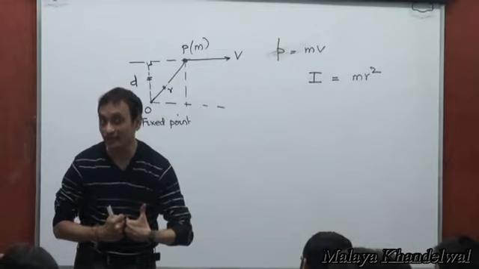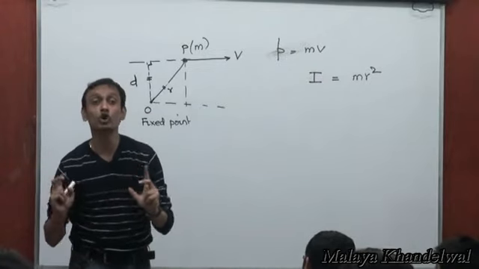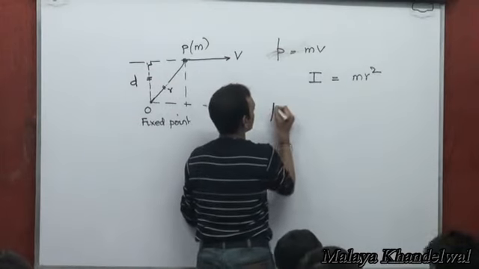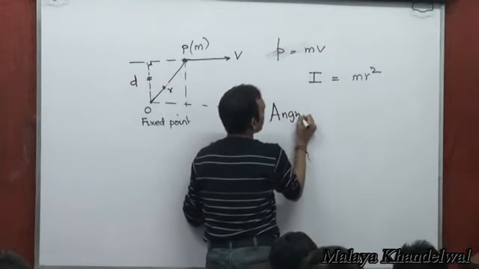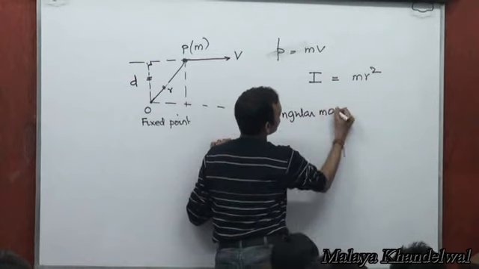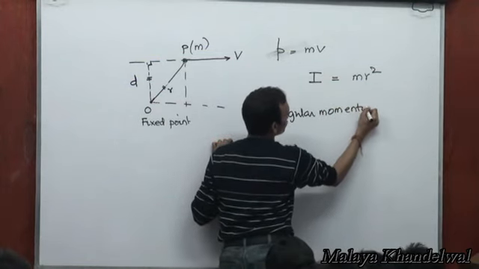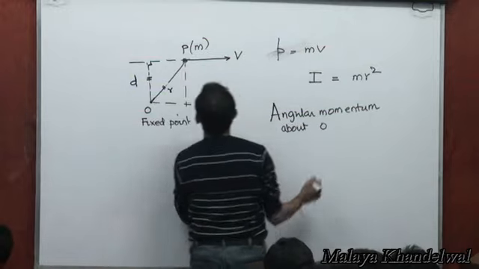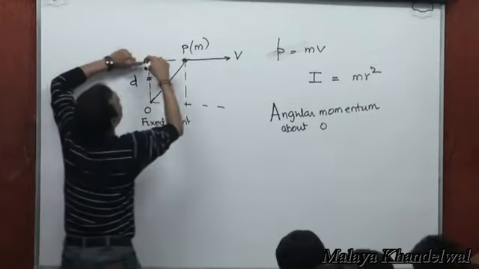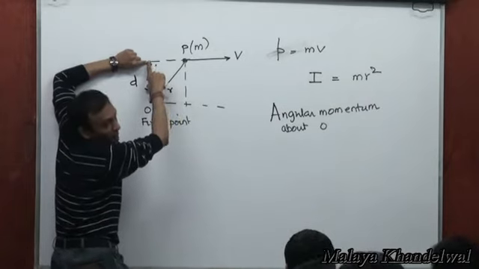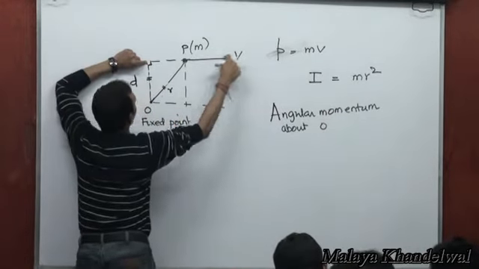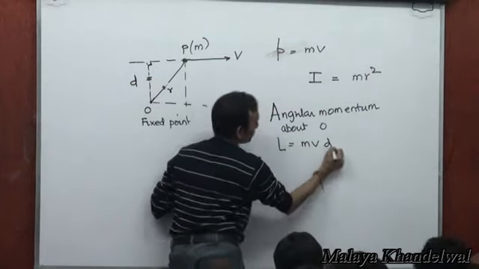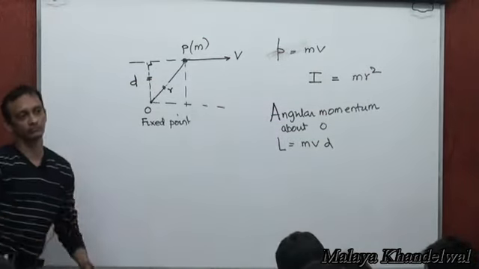In addition to having a linear momentum, we have what's called an angular momentum about O, which would be mv into d, mv into the perpendicular distance of the line of action of the velocity from the fixed point O.